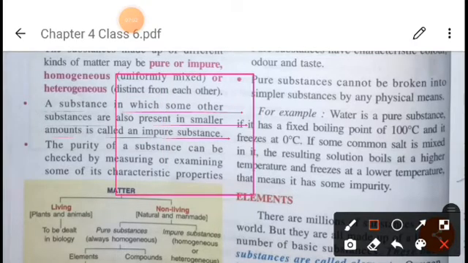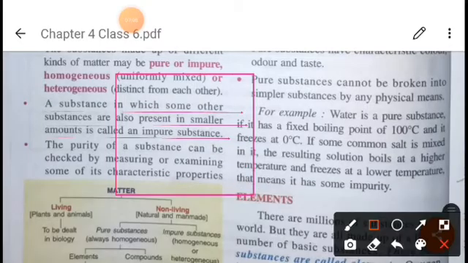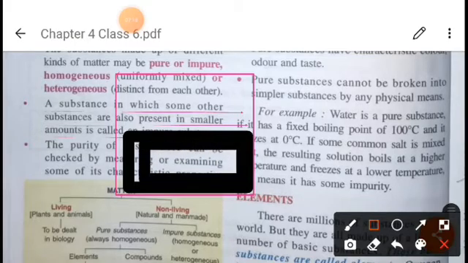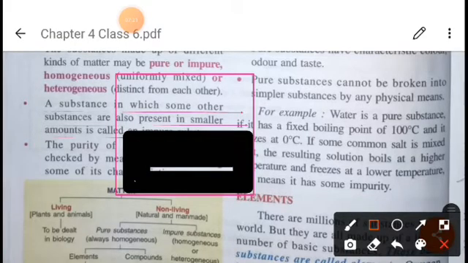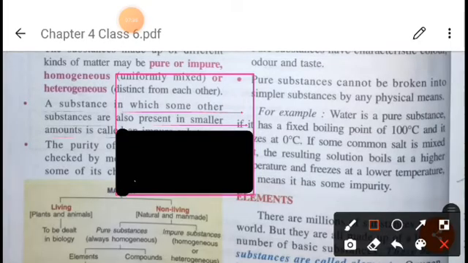Suppose we have this container, and in this container, suppose this is a mixture of something, and this mixture is of sugar and water. Okay, sugar and water.